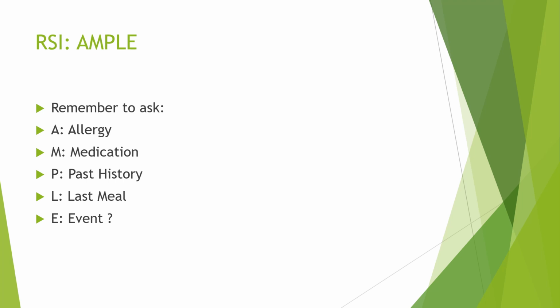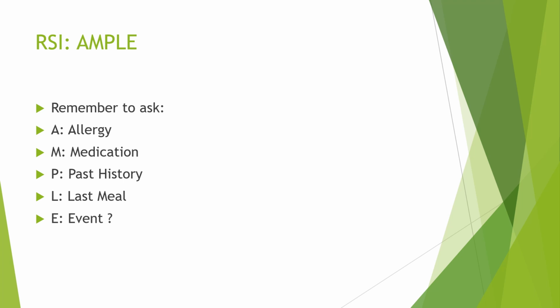First, A is allergy: does the patient have any food or drug allergy? M means medication: what medication is the patient using now, and what kind of medication is being given to the patient? P means past history: is the patient having diabetes or hypertension?